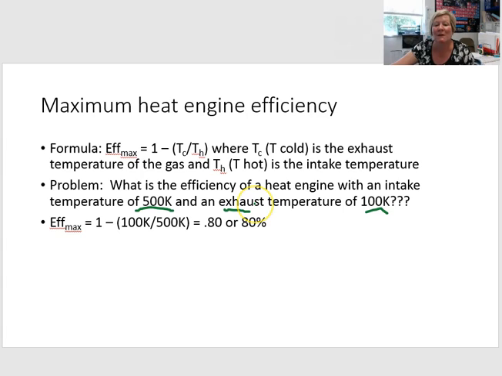We always exhaust in a heat engine at a lower temperature. So this is our T cold, 100 K. We're just going to plug the numbers into our formula here. So you have 1 minus the ratio of 100 K, that's our absolute temperature, divided by 500 K, and that gives us an efficiency of 0.8. If you multiply that by 100, 80% efficient.